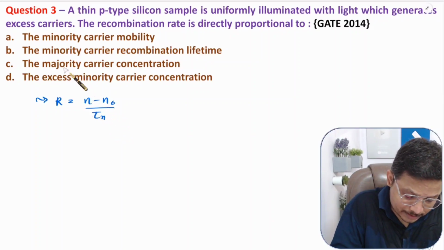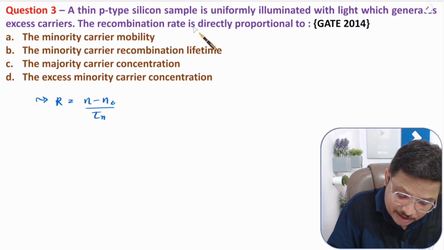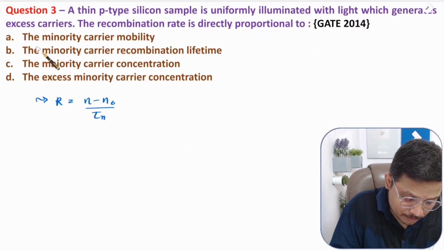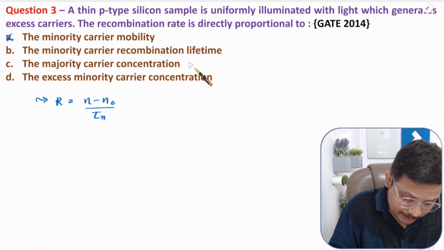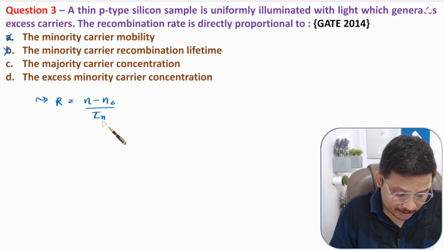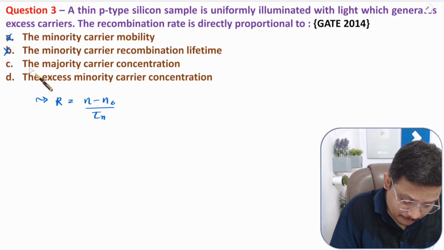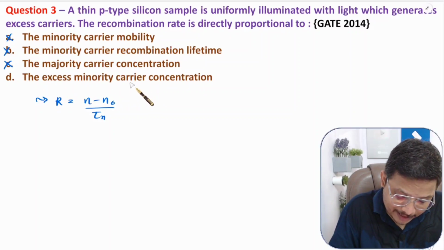So here the question is, is the recombination rate directly proportional to minority carrier mobility? No, it is not. Minority carrier recombination lifetime? No, it is not proportional to that; it is inversely proportional to it. The majority carrier concentration? No, it does not depend on the majority carrier concentration. The excess minority carrier concentration?